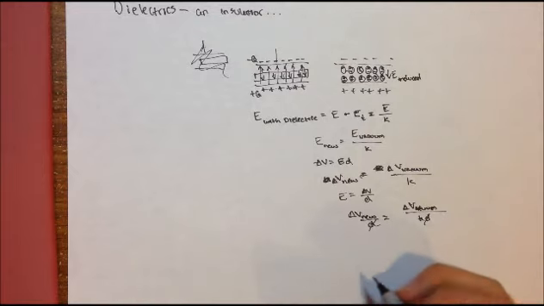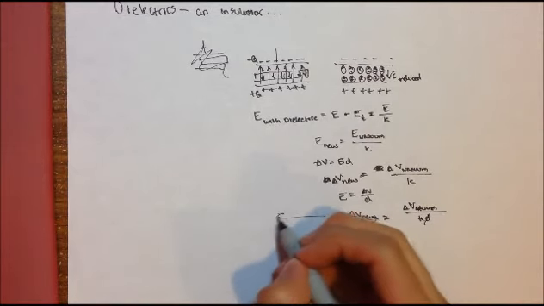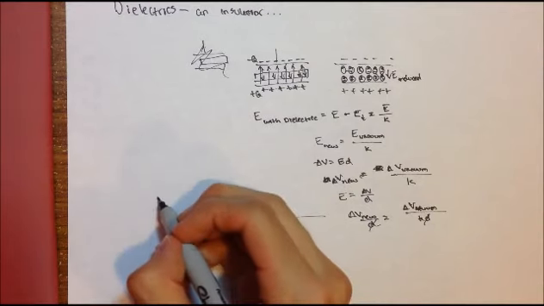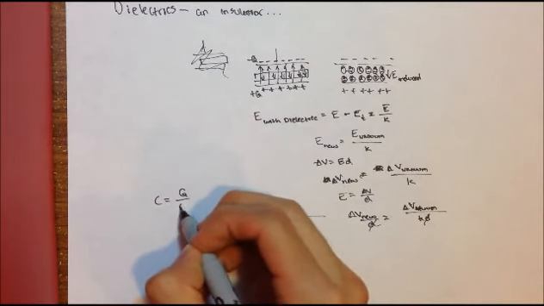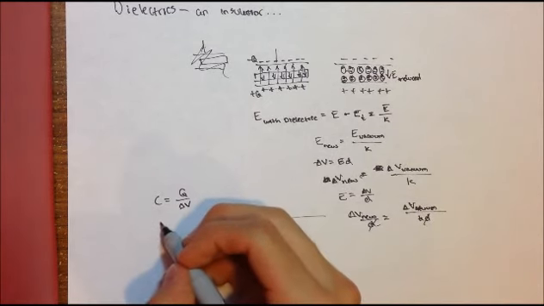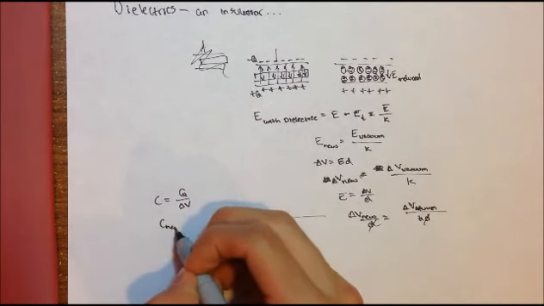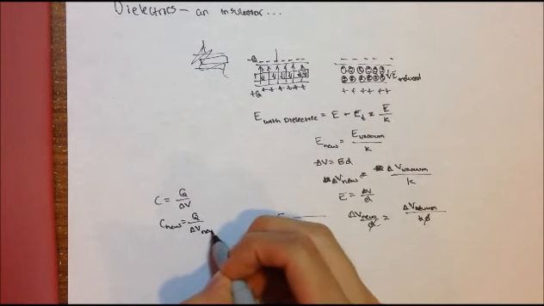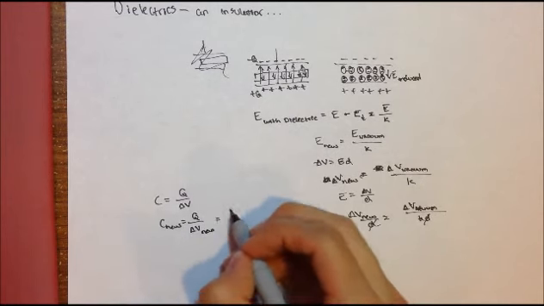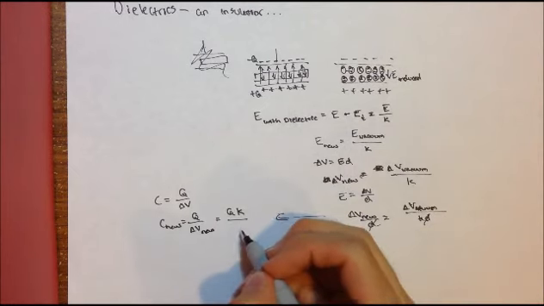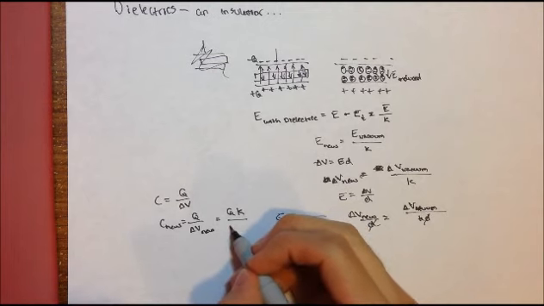Okay, now we will go on to the capacitance. C is equal to Q over a change in V. We already established this. So now we have that C new is equal to Q over V new, which is equal to QK over V vacuum, since dividing is multiplying by a reciprocal.